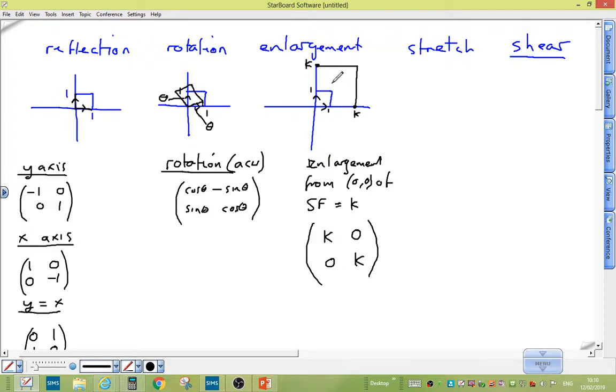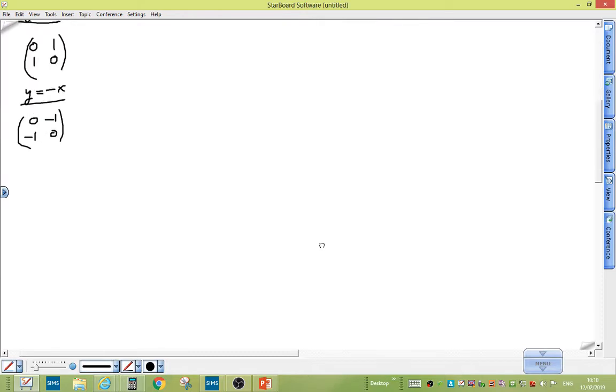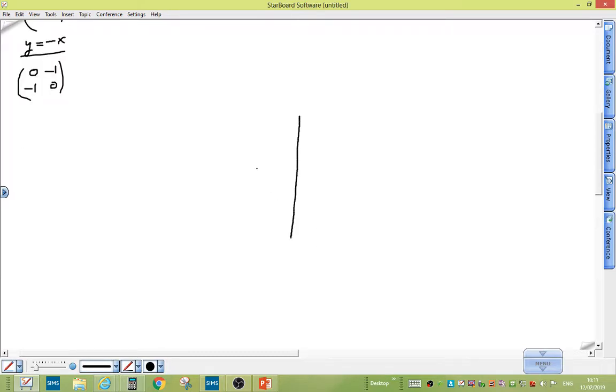Okay, I do want you to spot something else going on here, so I'm going to quickly adjust this and move down the page. No need to write this down because it's going to come in the next couple of sets of notes, but I might as well tell you while we're at it. So if I've got an enlargement here, so there's my original 1 by 1, and I enlarge this shape by the matrix 3, 0, 0, 3.